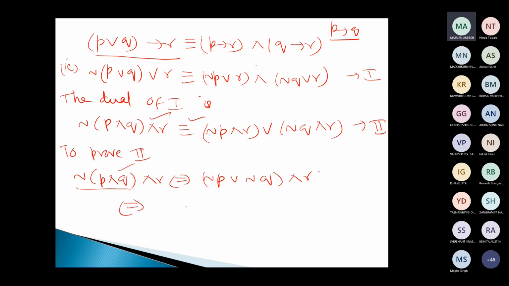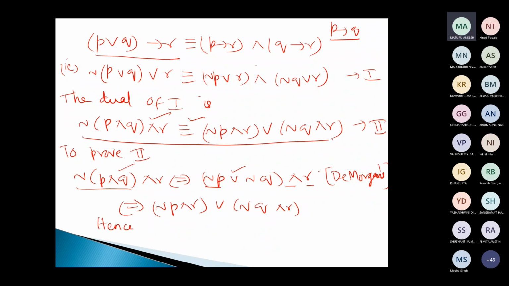Now what law you will apply? Distributive law. If you apply distributive, what you'll be getting? Not of P and R or not of Q and R. Not P and R, then again R, not Q and R. So which is nothing but what? You got the second one, right? From 1 you got the second one. Hence, I hope you understand.